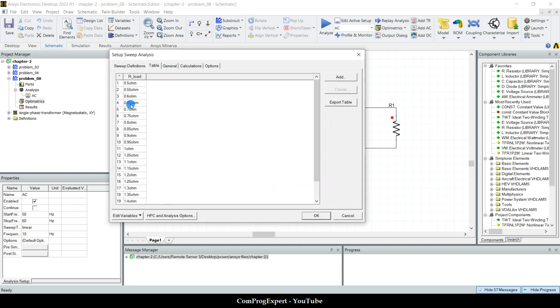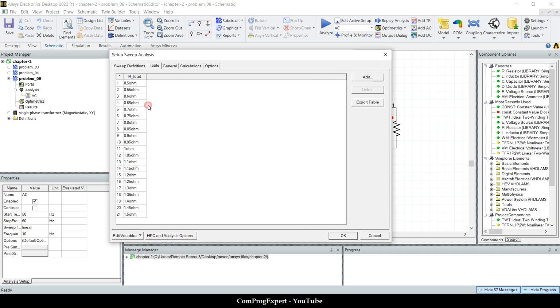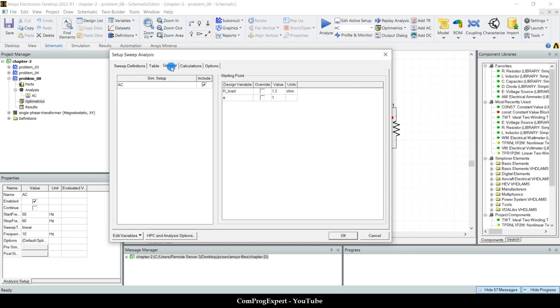Okay, this is the calculation table. We change the value of the load resistance from 0.5 ohm to 1.5 ohm.